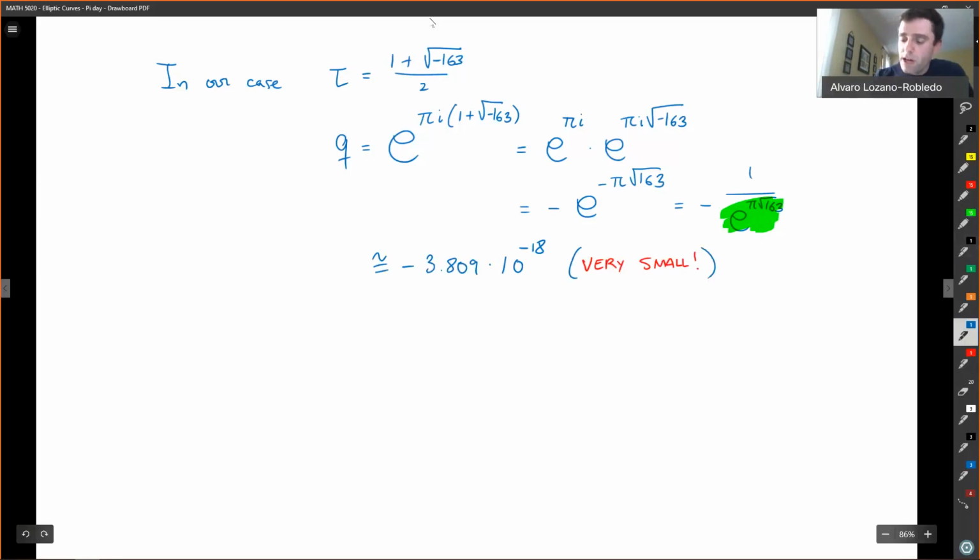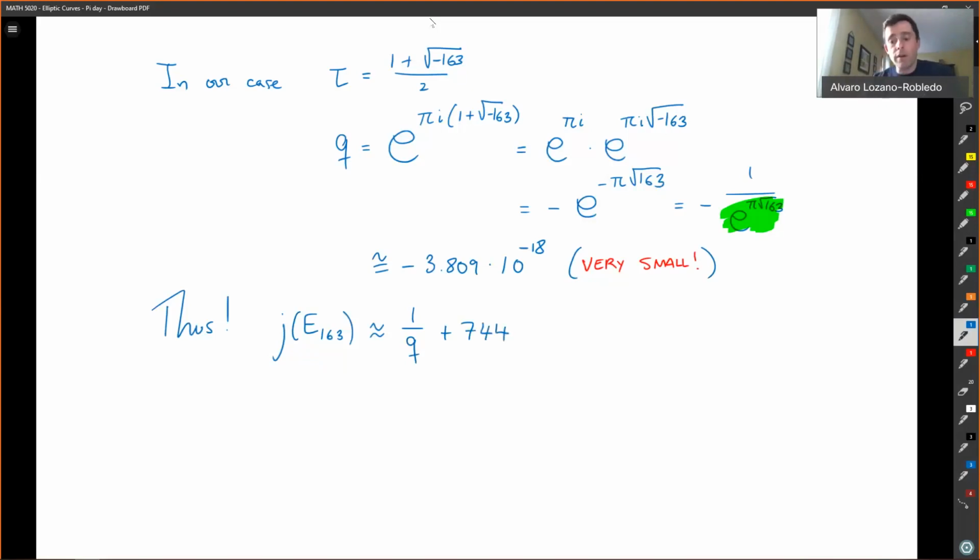And that matters because the j-invariant of the elliptic curve, remember we had an expression for it, is an integer, and is approximately 1 over q plus 744, with a very small error. Why? Because the next term in the q-expansion would be plus 196,884 times q.